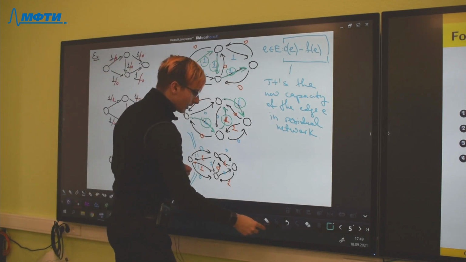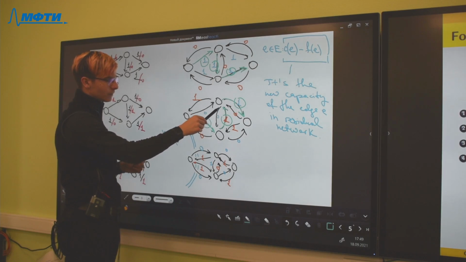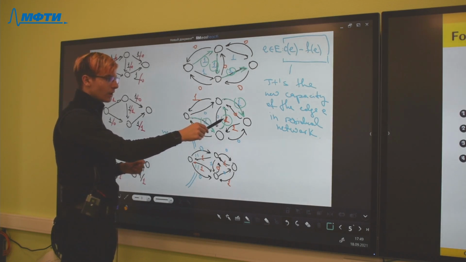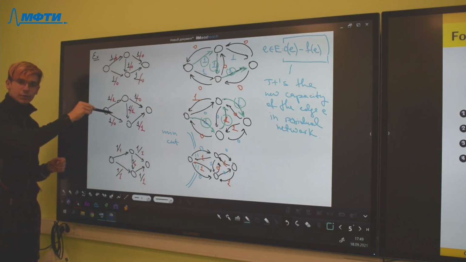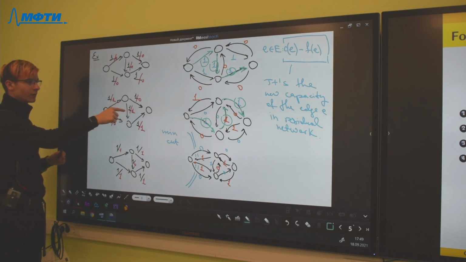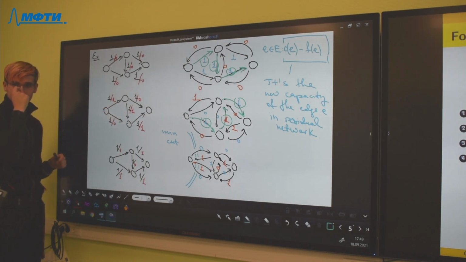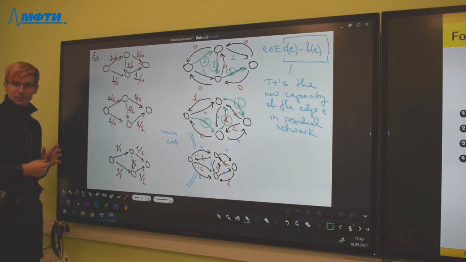And we say if we have backward edges on the path, we need to decrease flow on the edge in the initial graph. And it is very important that to increase the value of flow, we need to decrease flow on the current edge, and increase on the other edges.